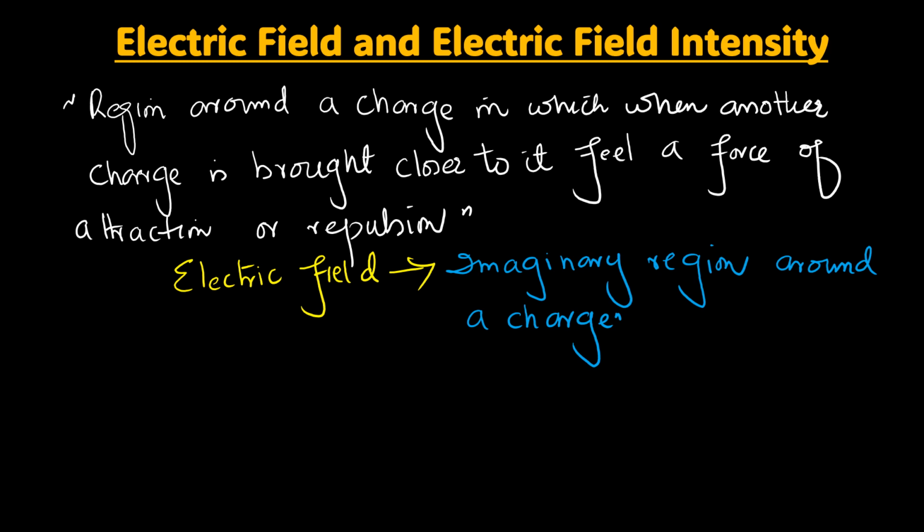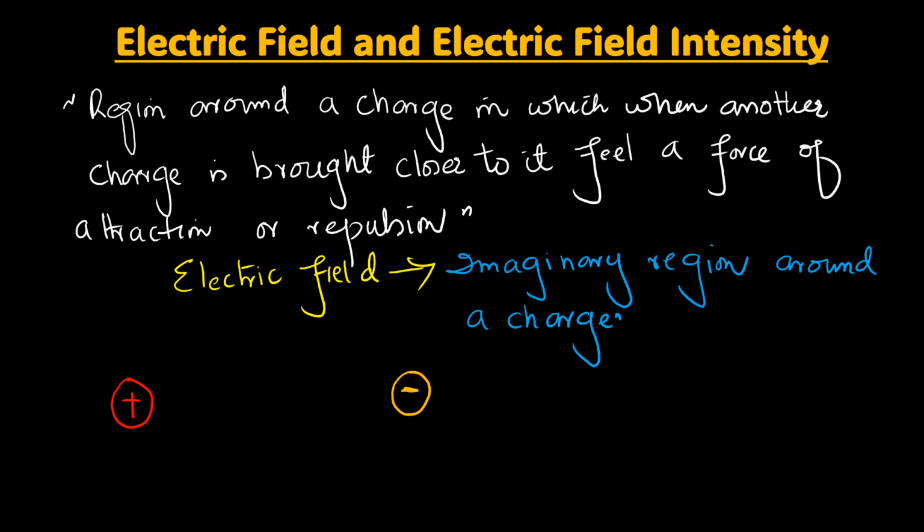Dear students, since you know that there are two types of charges, one type is a positive charge, whereas another type is a negative charge. Every charge has associated electric field lines with it.